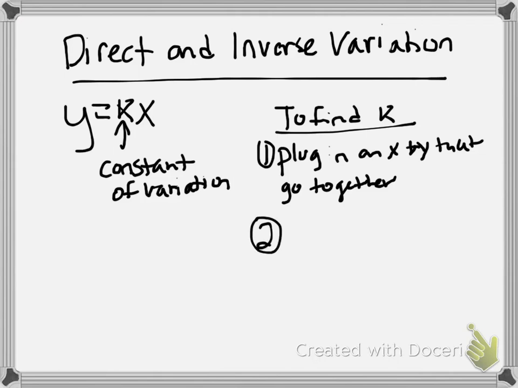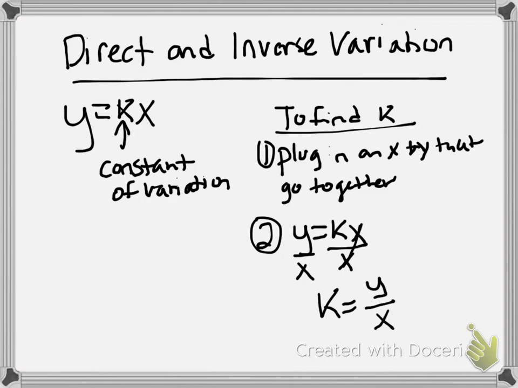The other thing that you can do is, since it's in this form, y is equal to k times x, if you were to try to get k by itself, we would just have to divide by x. So an easier or shorter way to find your k value is just take whatever the y value is divided by x. Both methods will work to find your k, but like I said, if you can remember that it's just y divided by x, it's a little bit faster to find it. Okay, so if you need anything from the screen, go ahead and get it. We're going to look at a couple direct.